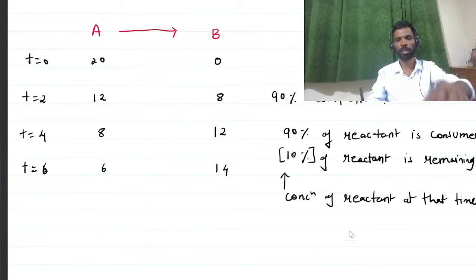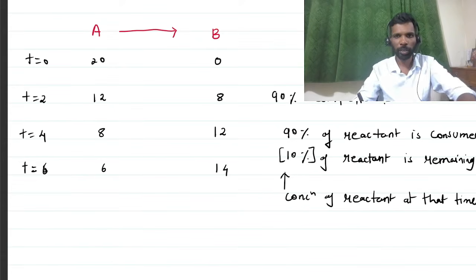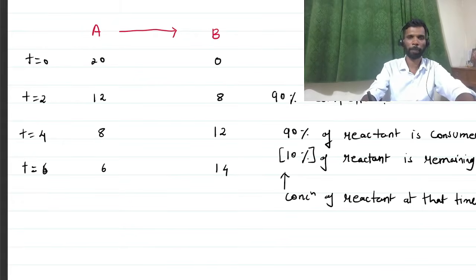Now, since percentages are given, many times students don't know how to convert. When percentages are given, it's very simple. Your job becomes simpler because you have the freedom to choose any initial concentration.